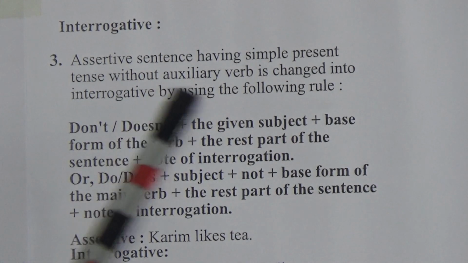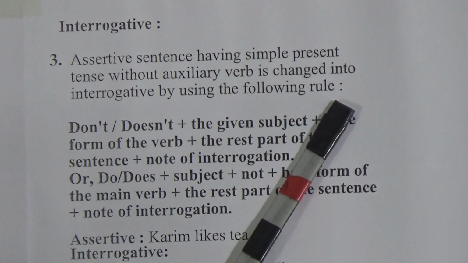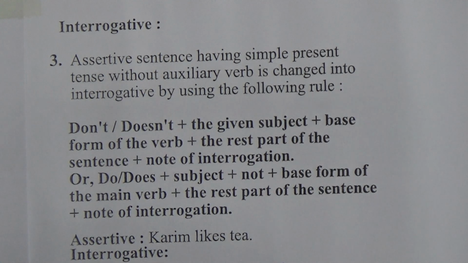Now we will go to our next rule, rule number 3. An assertive sentence having simple present tense without an auxiliary verb is changed into interrogative by using the following rule. So if the sentence is in the simple present tense or present indefinite tense, and if there is no auxiliary verb, we will follow this rule.